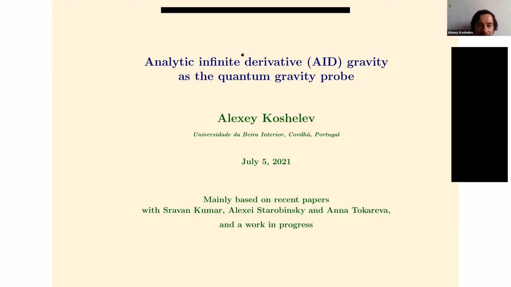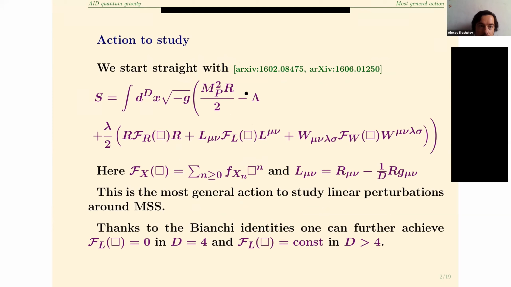I will be talking about gravity, and about generalizing gravity, because I want to attack the question of quantizing gravity. For this purpose, just GR is not enough. Mainly this is based on recent papers in collaboration with Sravan Kumar, Alexey Tarabinsky, and Anna Tokareva. This is the Lagrangian which I present here.